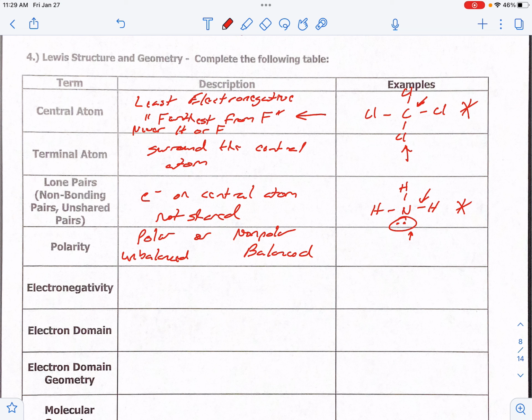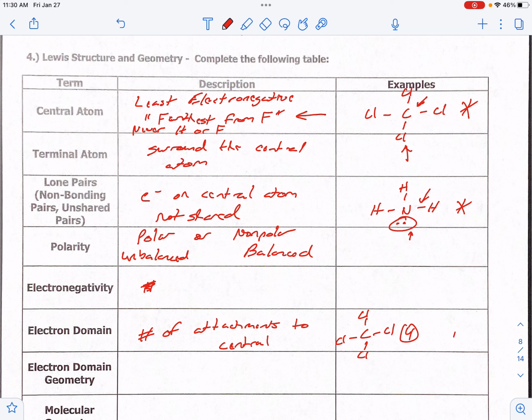Electron domains basically just means the number of attachments to the central atom. If I go back to my example CCl4 and ask you how many things were attached, you would just tell me 4.